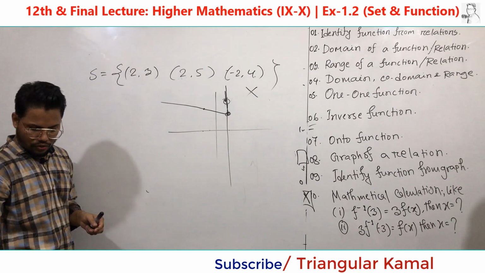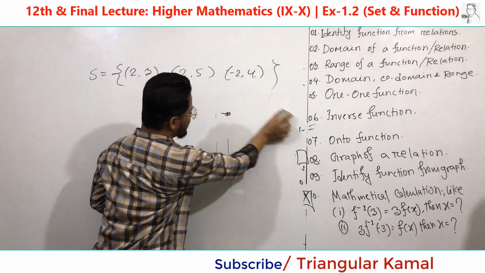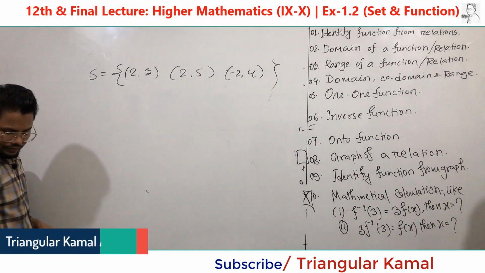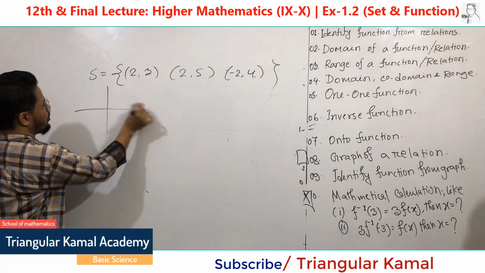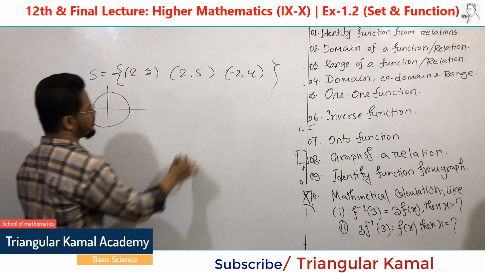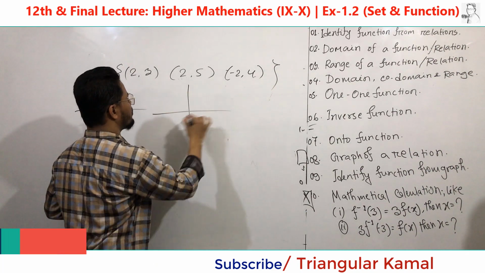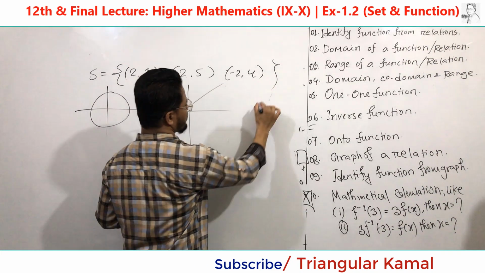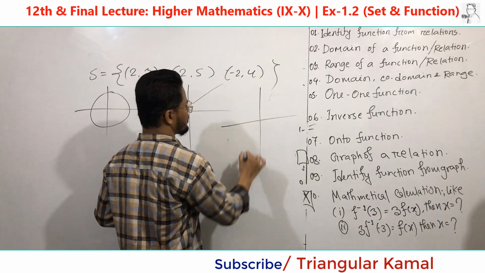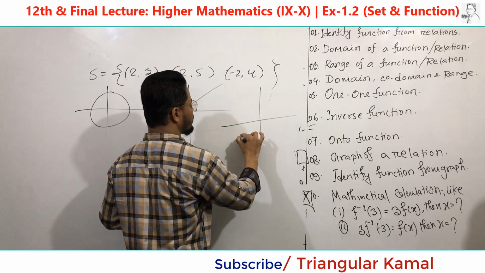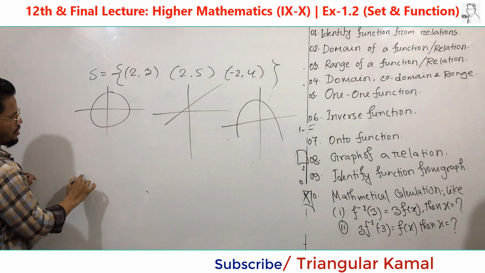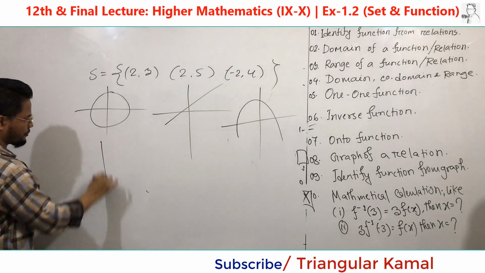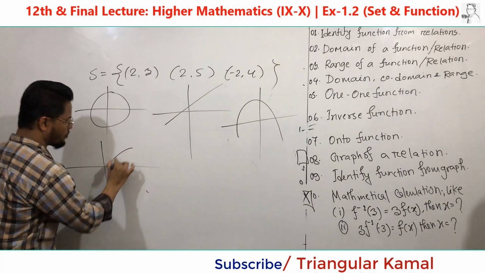Okay, we are going to give more examples here. First example, the equation of a circle. Second, the equation of a straight line, and third, a quadratic equation. Number 4, the equation of a parabola.